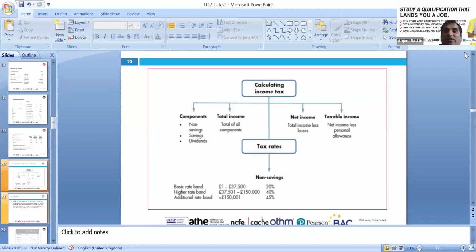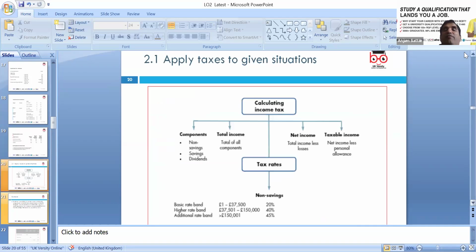Okay, welcome. Let's do 2.1, where we apply the tax to the given situation. So please, we can pick any example, whichever you like. I pick a few examples, and I can use more examples. I can show you how to apply the tax rate in the given situation.